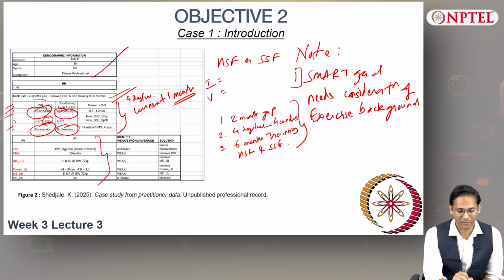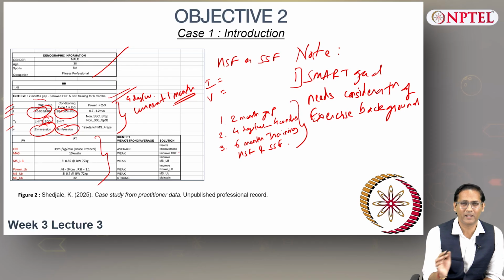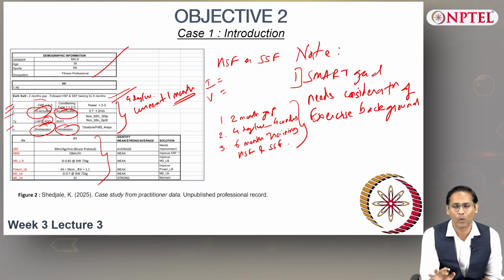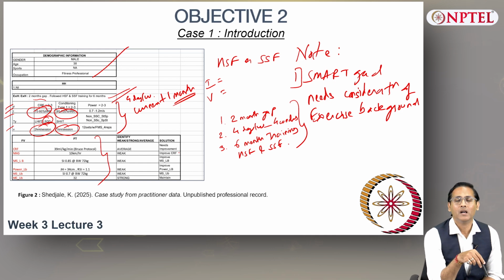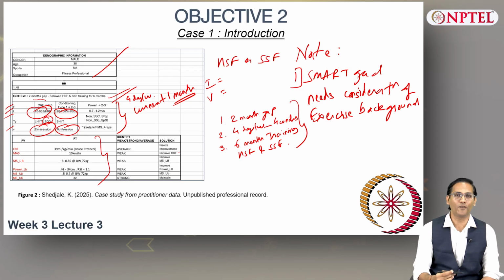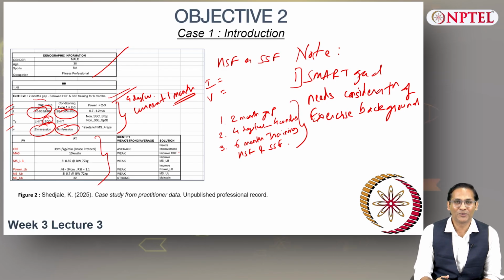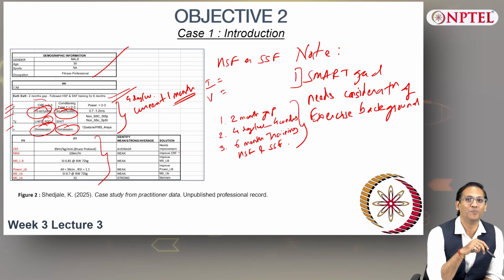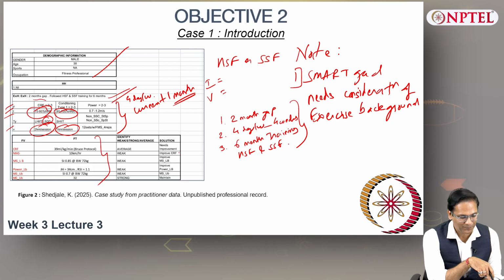Why? Directly, it's the client's requirement. The exerciser says his fitness goal is to have a fitness level to run 2.4 kilometers non-stop. So in that case, he needs more aerobic capacity.